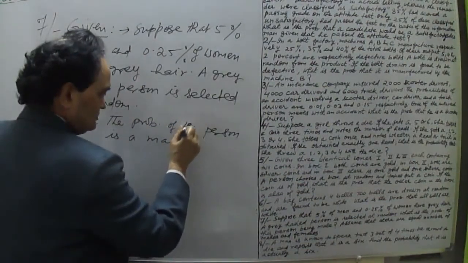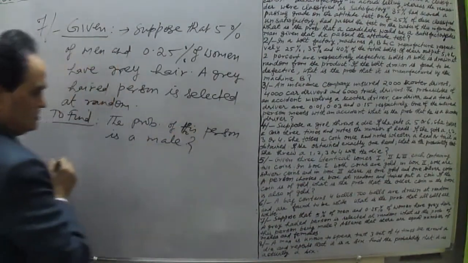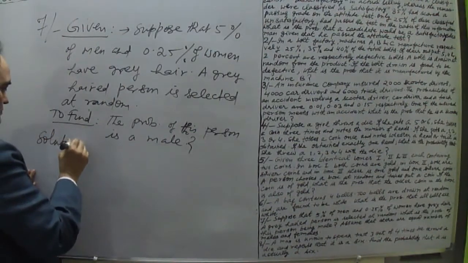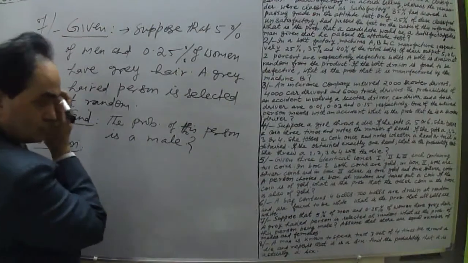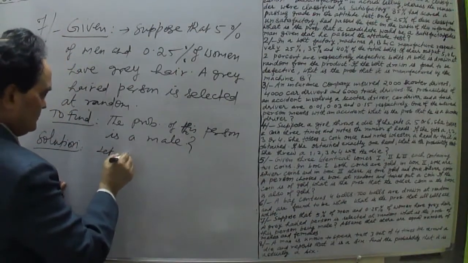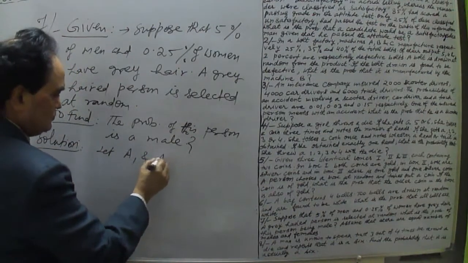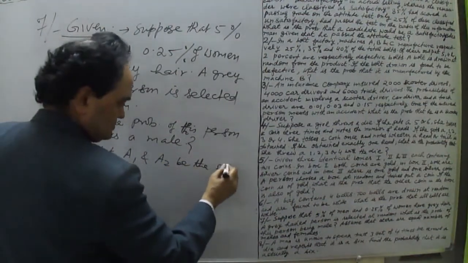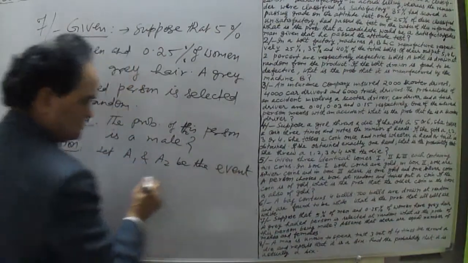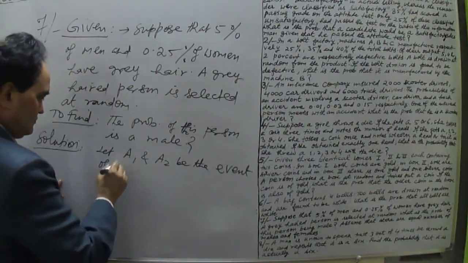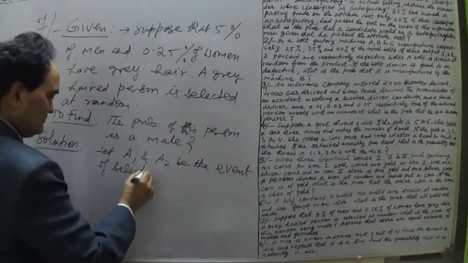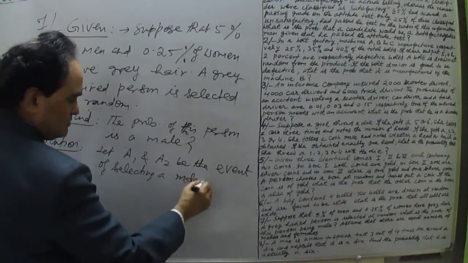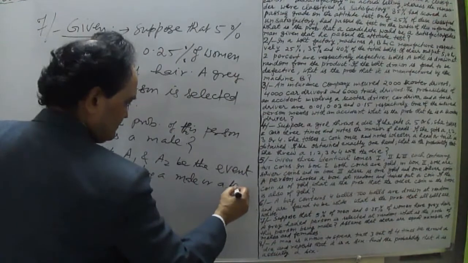Okay, so let us take this probability. Solution. Let A1 and A2 be the event of selecting a male or a female.